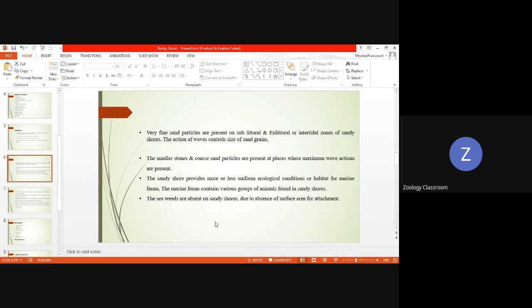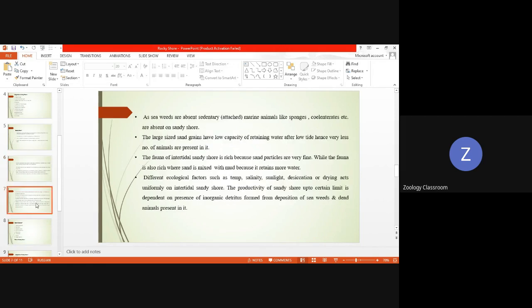Seaweeds are absent on sandy shore. Point to be noted, they are absent here due to the absence of surface area for attachment. Such seaweeds are absent.